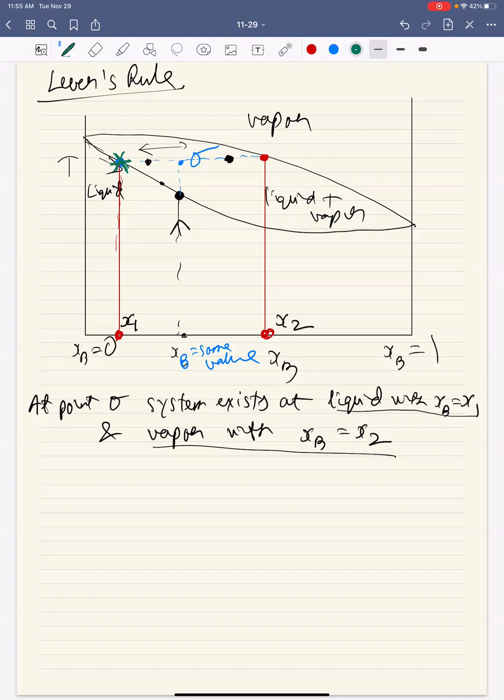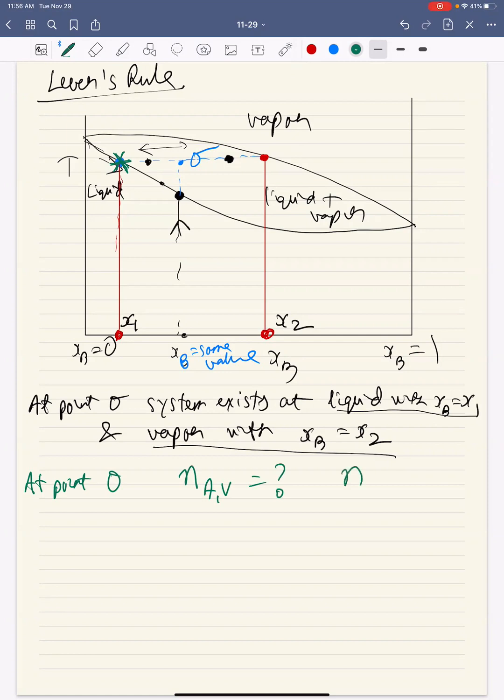So the question now is, is there a way to calculate this? If I gave you a phase diagram and the location of O and asked you how many moles, the question is, at point O, the number of moles of A in vapor is equal to how much?